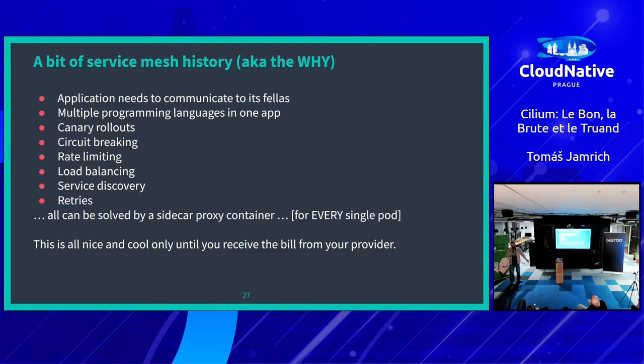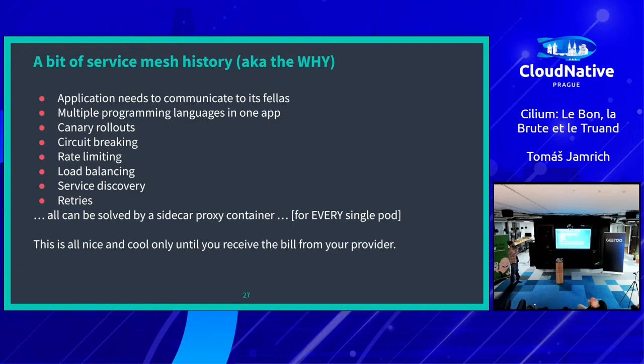Developers wanted canary rollouts, circuit breaking, and rate limiting, which all service meshes can already do. Yeah, all of this stuff could be solved by a sidecar. But again, you have a sidecar for every single pod that you have in your Kubernetes cluster.